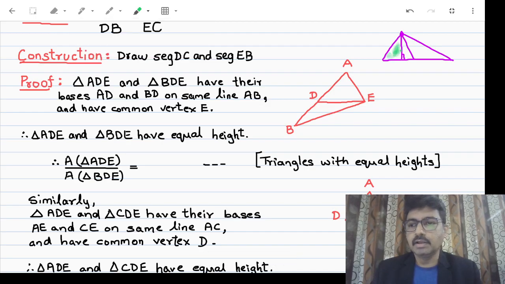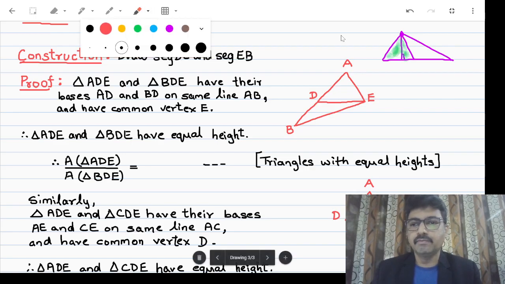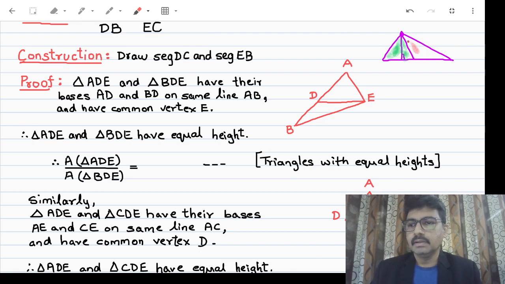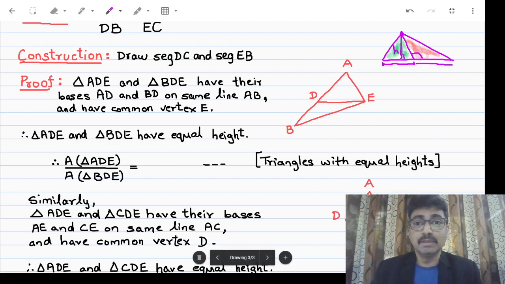It can be perpendicular for this triangle also, and for this triangle also. See, observe carefully. So for this base, the height is h, and for this base, which is an obtuse angled triangle's base, the height will still be the same. Correct? For an obtuse angled triangle, the height is outside the triangle, but from the same vertex. So triangles having bases on the same line and having a common vertex have equal heights.